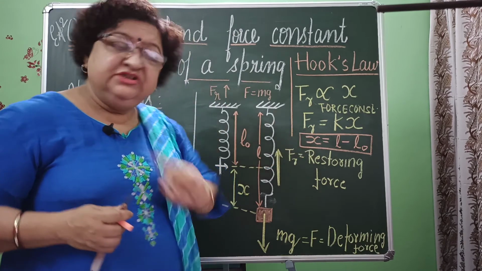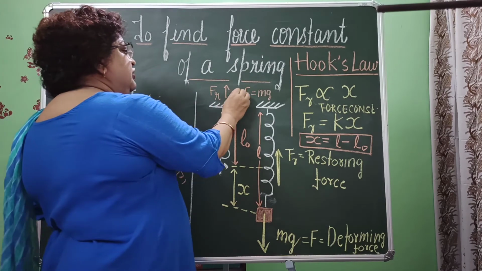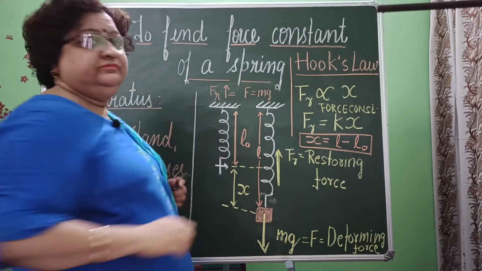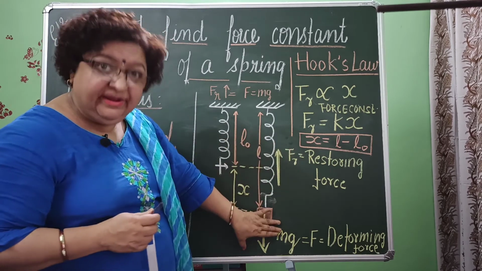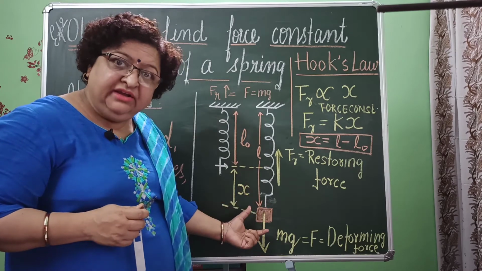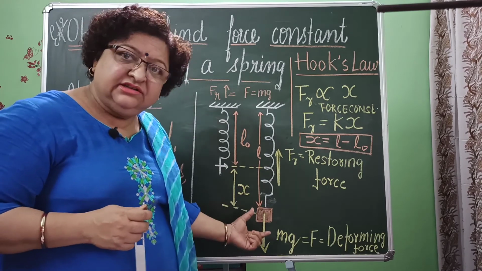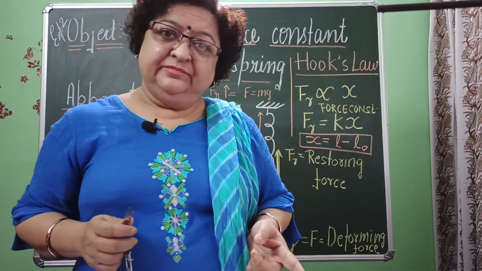And there will be a situation when this restoring force will become equal to mg. When this restoring force will become equal to mg, then this mass will come in equilibrium position, that is at rest. And that is the point when we have to take the observation.